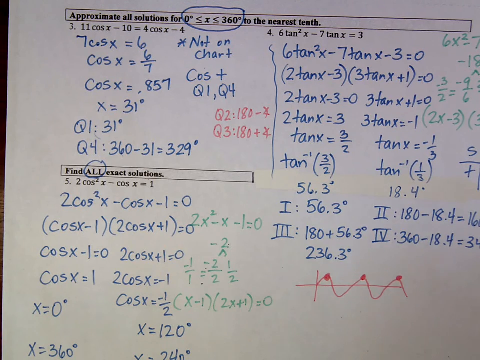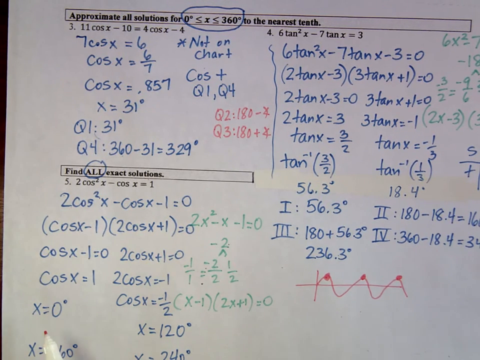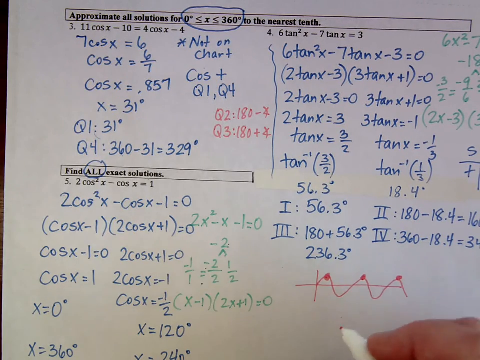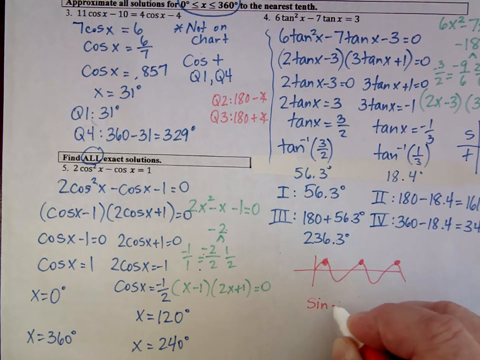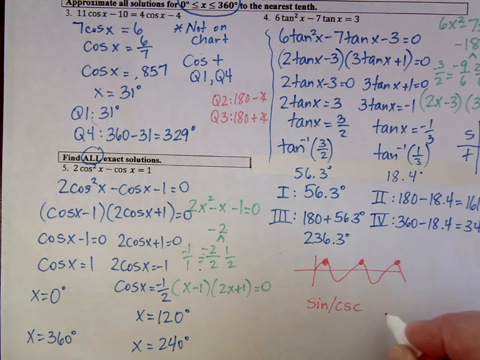So this one's saying that you got 0 degrees for the cosine. Where is it going to be for the next time that it hits that same place? And it's really pretty simple. Here's the basic rule. If you are sine or its friend cosecant, they repeat themselves. Think of the period of the graph.